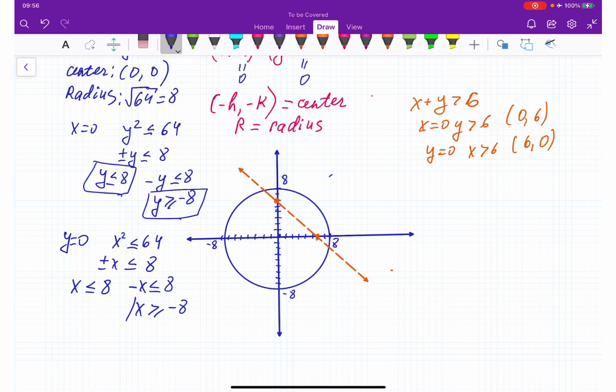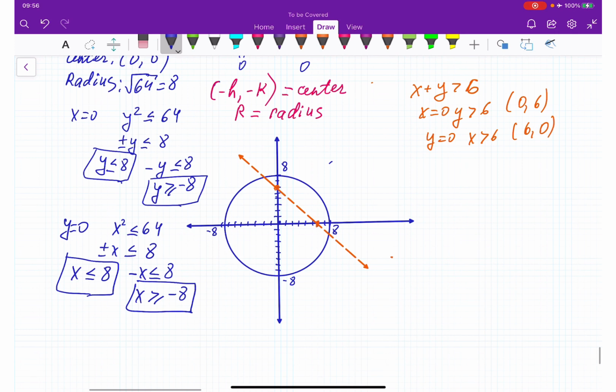As you can see, greater than negative 8, less than 8. Again, within the circle. So if I would have to shade it, the circle itself per se, it would be inside, right? All inside.